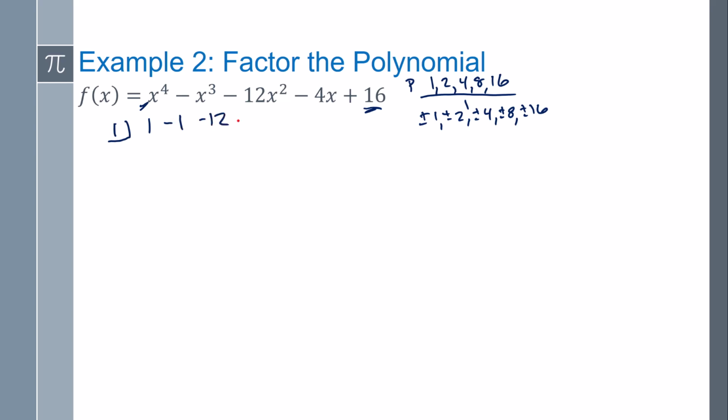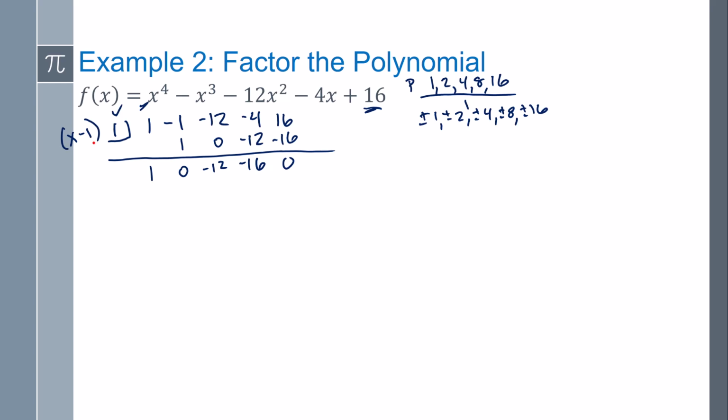So we're writing our coefficients out. There's no placeholders. Add straight down, multiply, add, multiply, add, multiply, add, multiply, add. So it looks like +1 is a factor. Cha-ching. So I know that x minus 1 is going to be one of my factors.